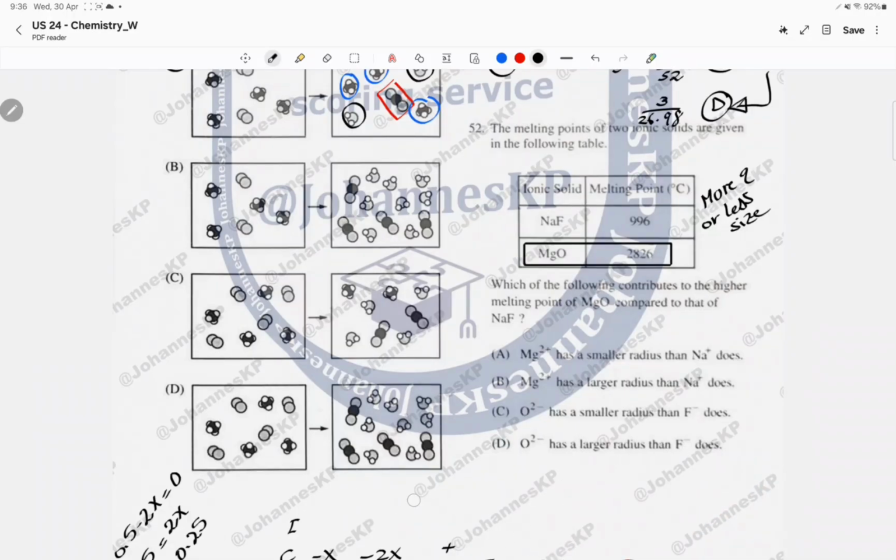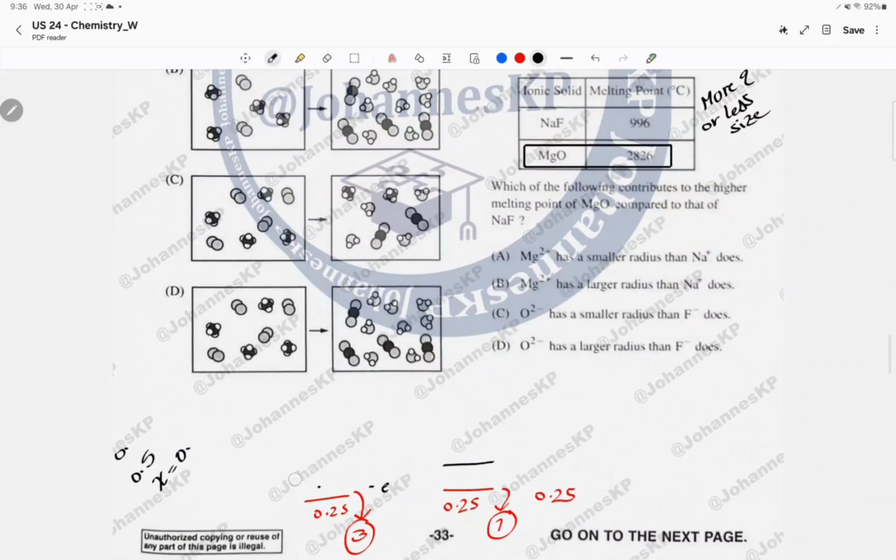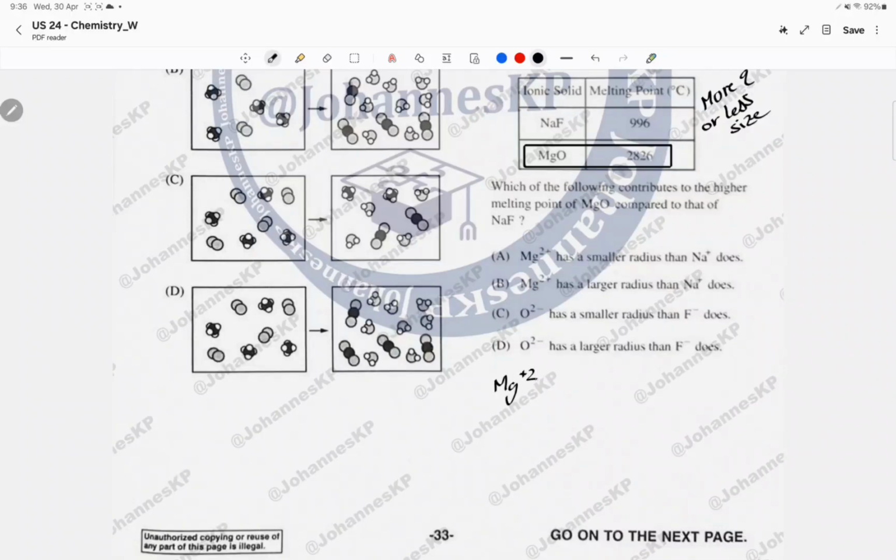So let's see how that's going to work here. If you were to compare the sizes of Mg with Na, and also the size of the O ion with the F, we could tell.